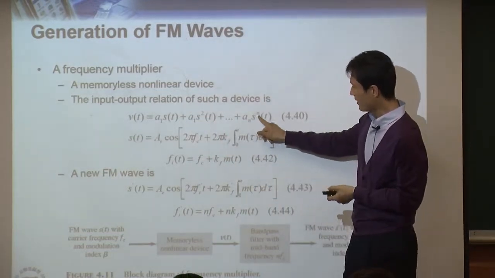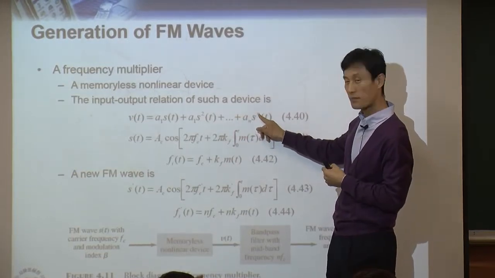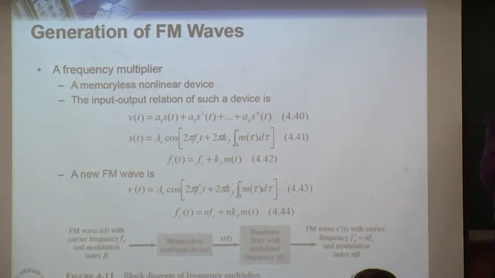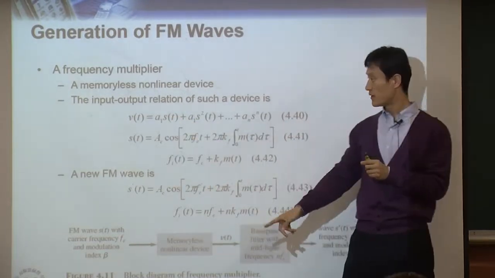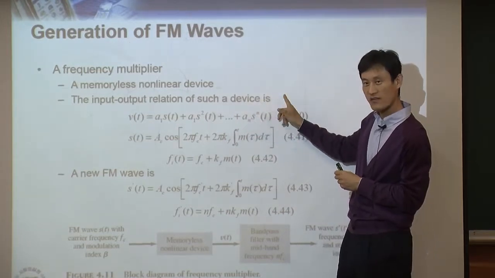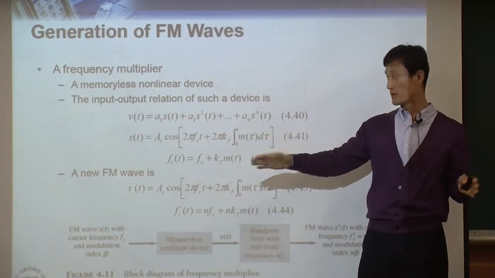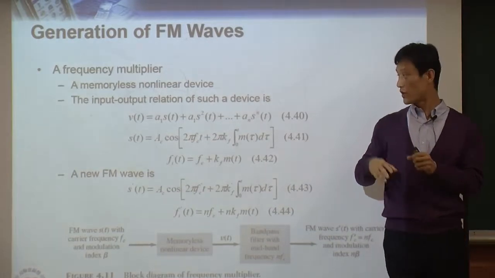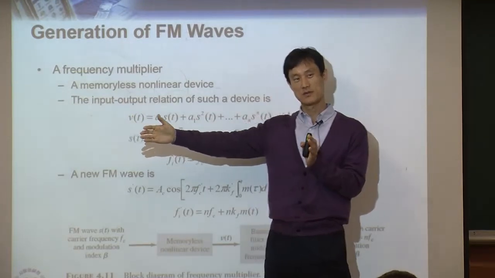So if we have n terms, s squared, s cubed, and all the way to s to the power n, now we are going to get all these frequencies. Let's say our input is cosine fm, then we're going to get fm frequency, 2fm, 3fm, 4fm, and n times fm eventually. So you're going to get all these frequencies because this device has this input-output relationship. Once you put the fm input in, we're going to get a bunch of frequencies as output.